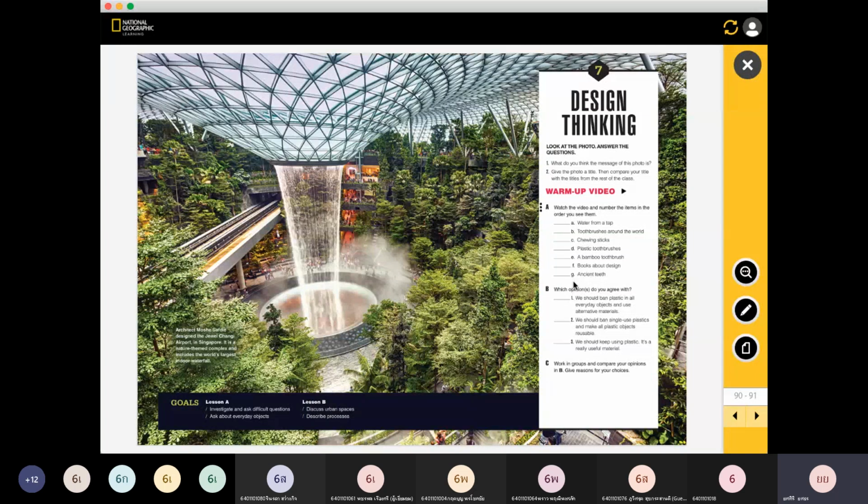We're gonna talk about design thinking in this unit. Basically, as you see in the design thinking here, we're gonna talk about processes, and things like environment and urban spaces.